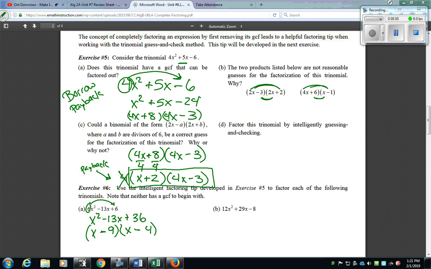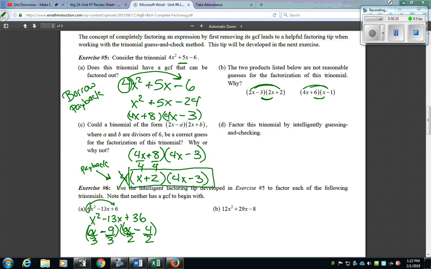Now what I have to do is I got to put those 6's back in. And again, my goal is to pay back 6. So I noticed in my first set of parentheses, I can divide each of those by 3. And the second set of parentheses, I can divide each of those by 2.